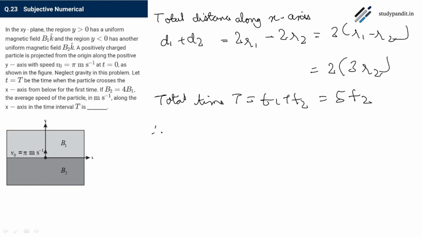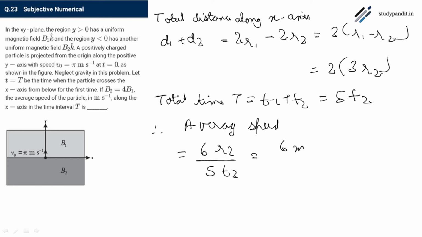Okay, then average speed equals 6R2 by 5T2 equals 6 mv by 5qB2 into qB2 by pi m, which is given as 6 by 5.